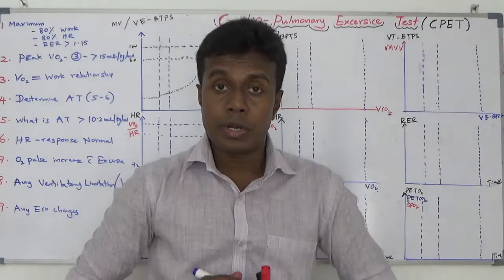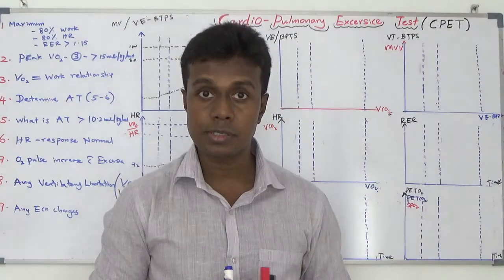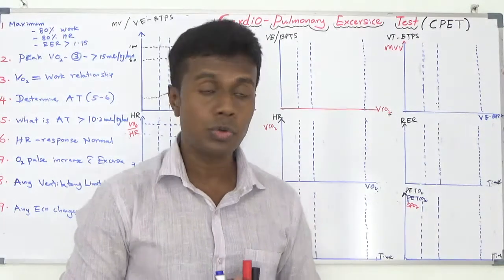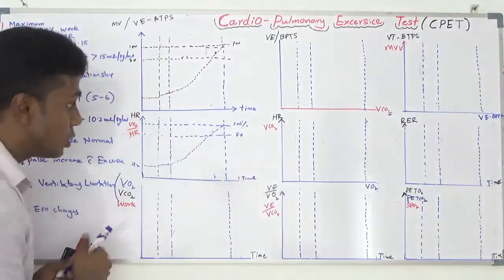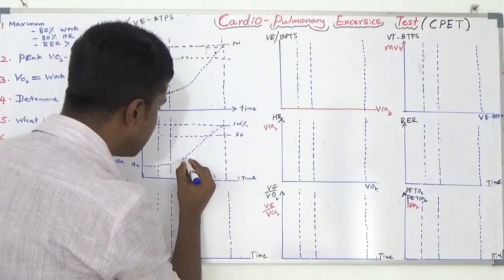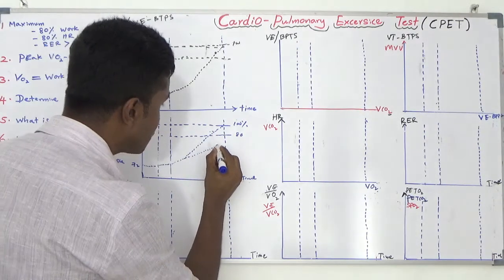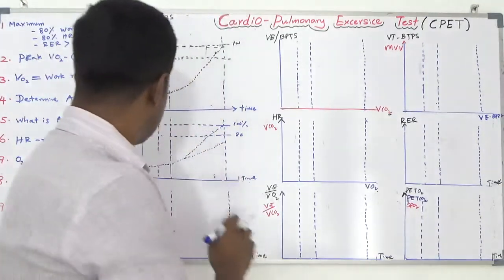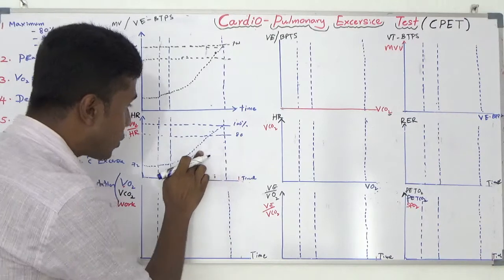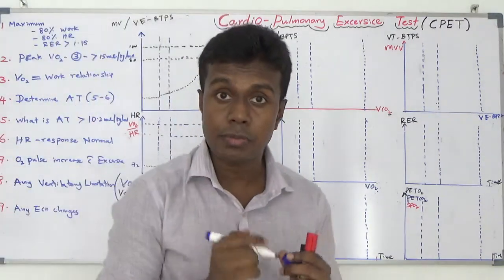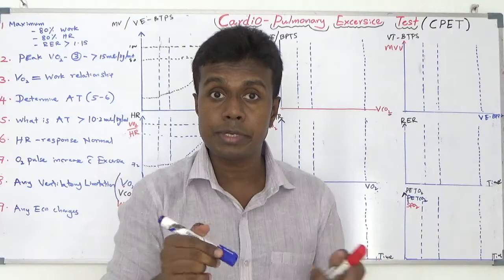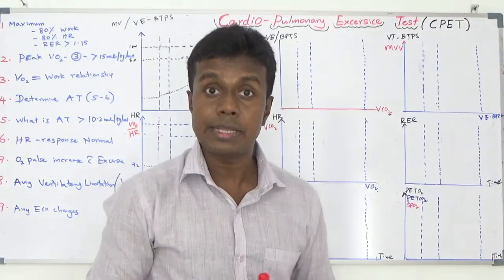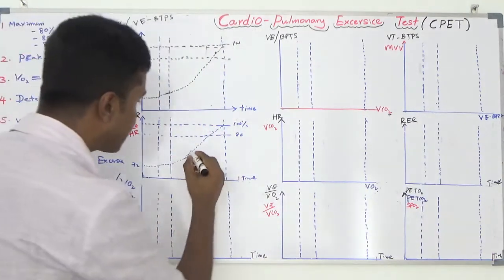If you are perfectly normal, healthy, athletic, sometimes vagal tone is very high, and your heart rate may not reach this 80% value. Instead, during exercise the heart rate is going to be like this. Not only that, if you are a patient on beta blockers, the heart rate increment will not be as normal, and the heart rate should be somewhere here.